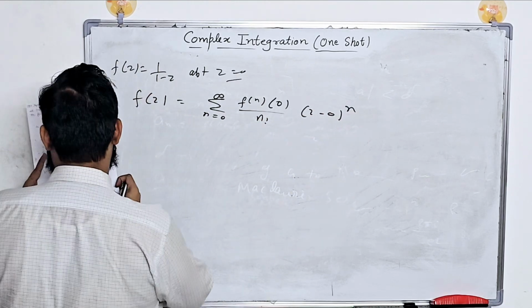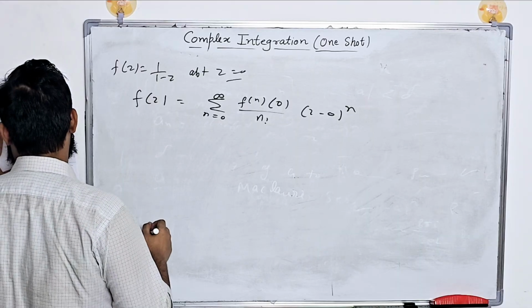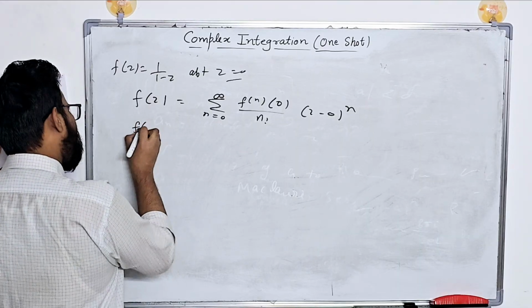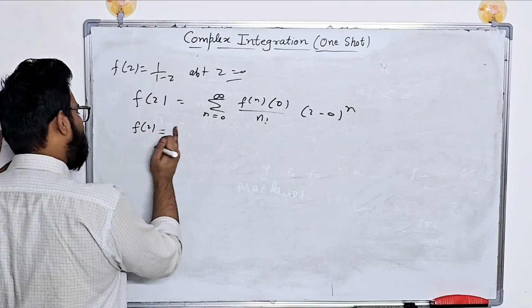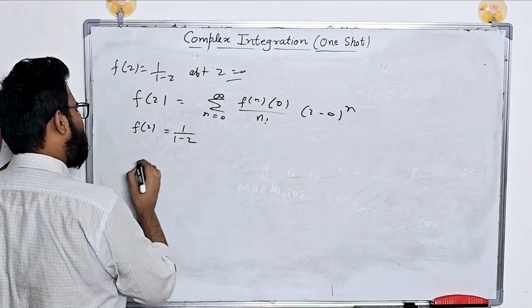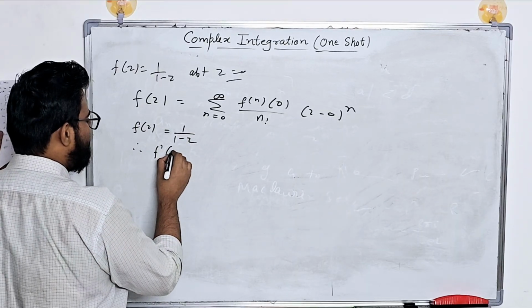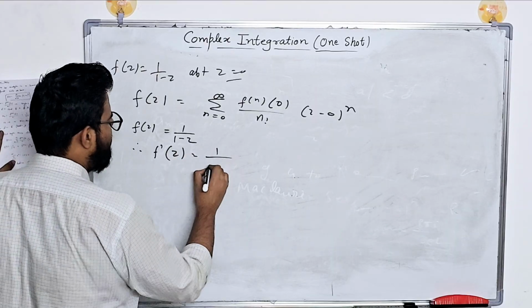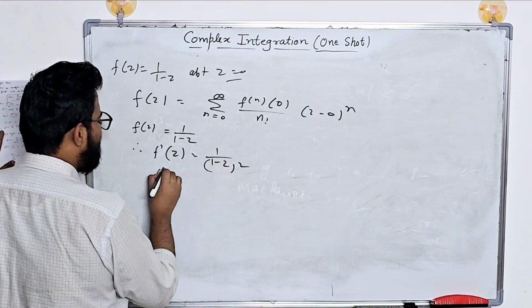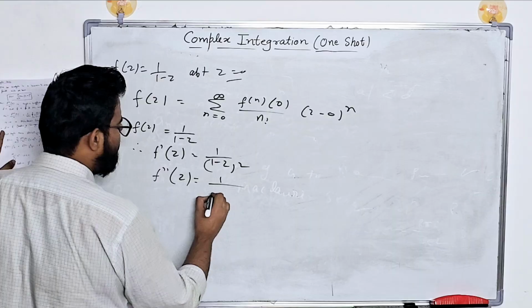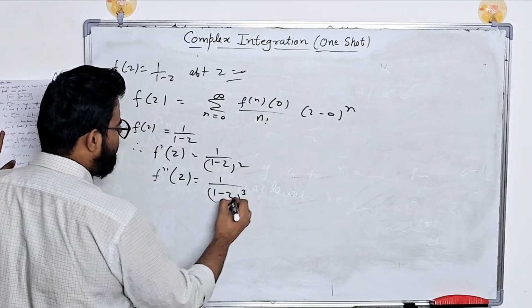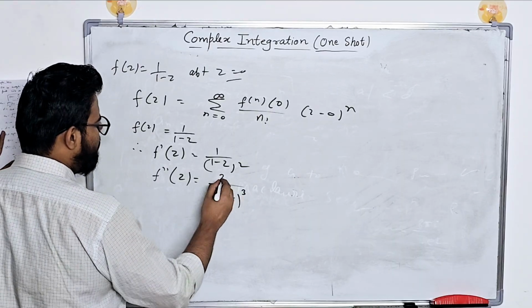Okay, simple. Now what we can do is that f of z we can write, since we know that it is equal to 1 upon 1 minus z, right? Hence the first derivative of f is equal to 1 upon (1 minus z) whole squared. The second derivative is equal to 2 upon (1 minus z) whole cubed, right?